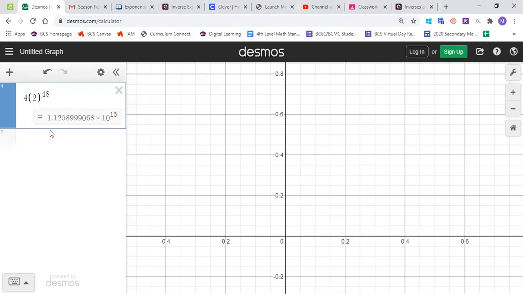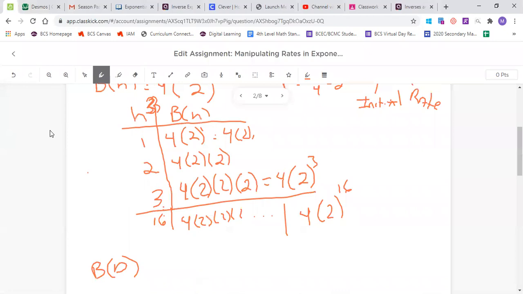So as a result, we're going to manipulate that rate. We're going to manipulate the exponent in this case. We started with 4, the rate has been 2 the entire time, and if I had to go all the way to 24 hours, I would just write 4 times 2 to the 24 power.